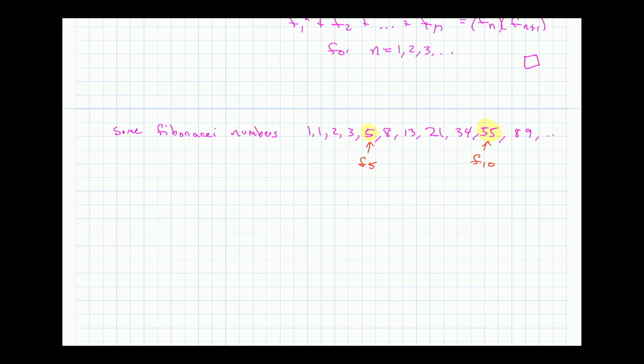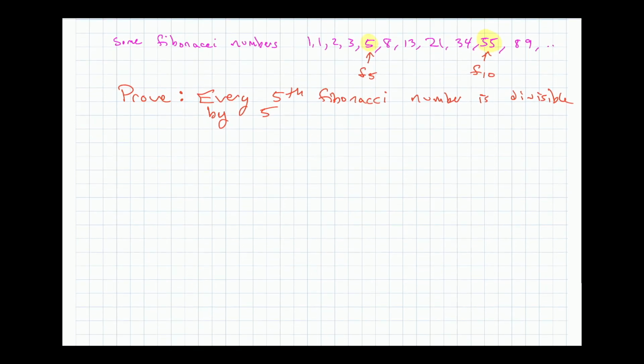So what we want to show is that we want to prove every fifth Fibonacci number is divisible by 5. That's what we want to try to prove. And there's different ways to write that.